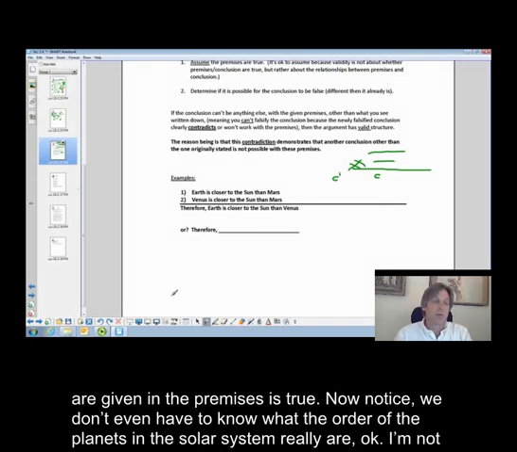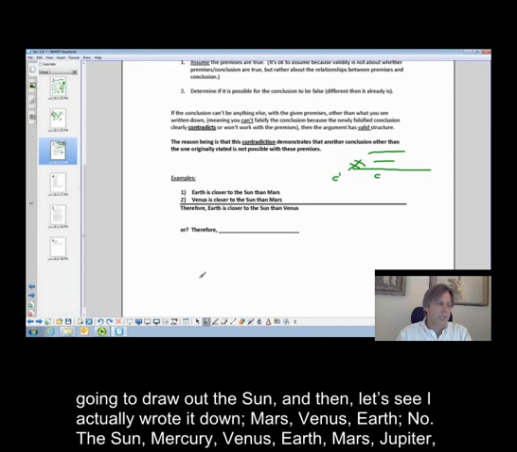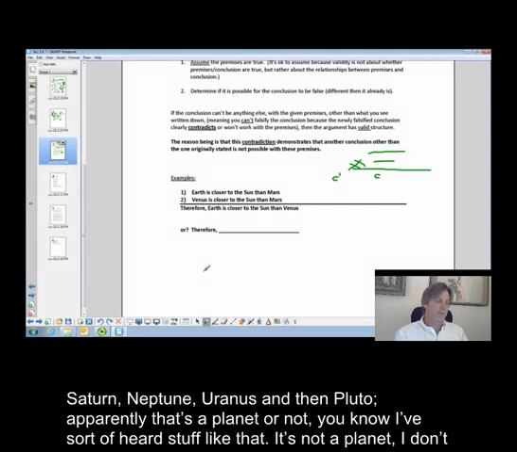Now notice, we don't even have to know what the order of the planets in the solar system really are, okay? I'm not going to draw out the sun and then, let's see, I actually wrote it down: the Sun, Mercury, Venus, Earth, Mars, Jupiter, Saturn, Neptune, Uranus, and then Pluto.